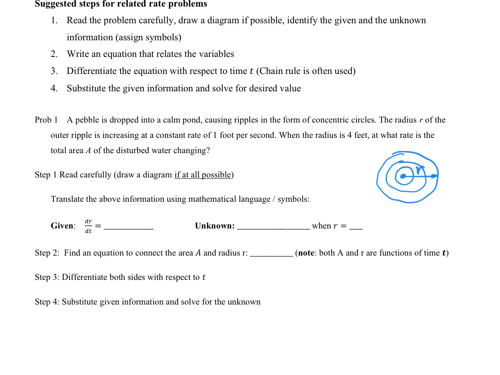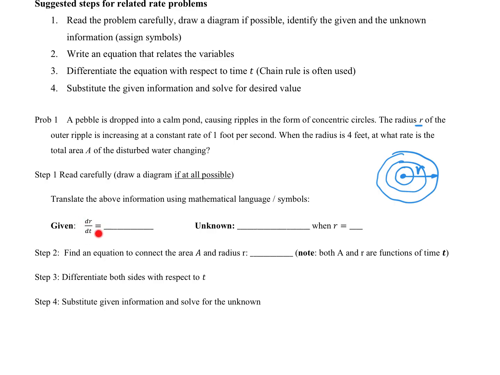Now this is the whole question. We try to translate the information using mathematical language. So we see that radius r is changing, and how fast it is increasing, 1 foot per second, right? So definitely it's the rate of change of the radius, which is dr/dt.